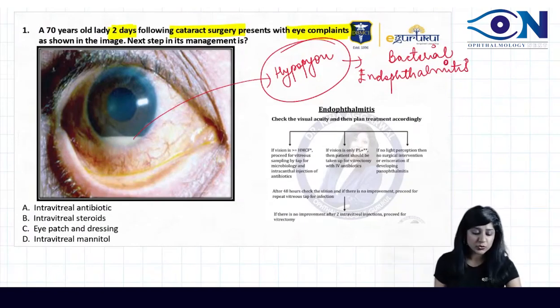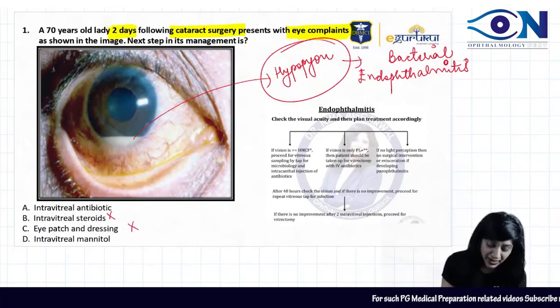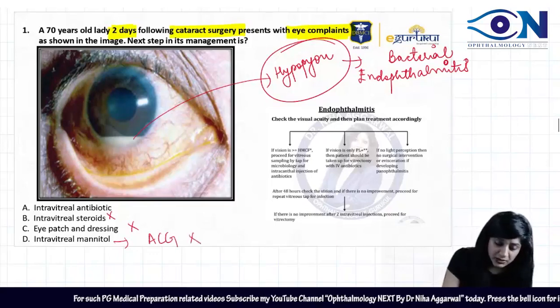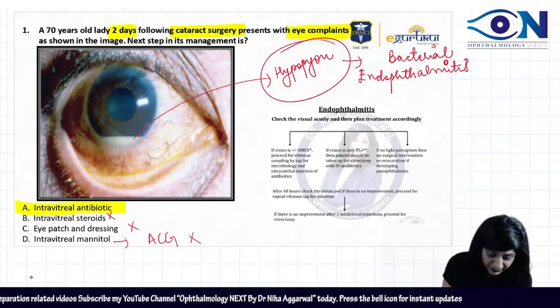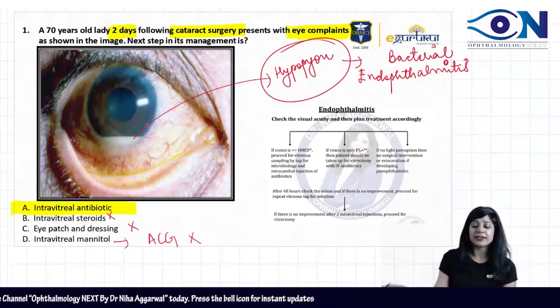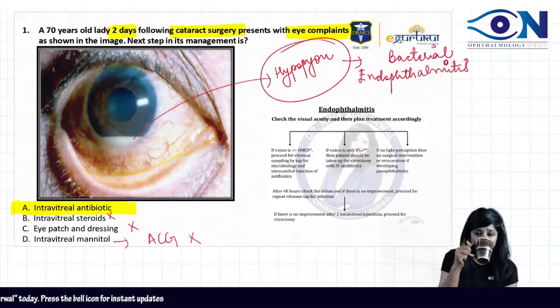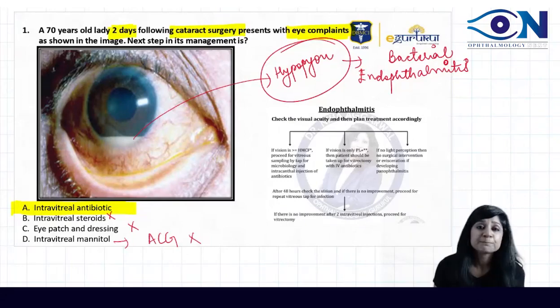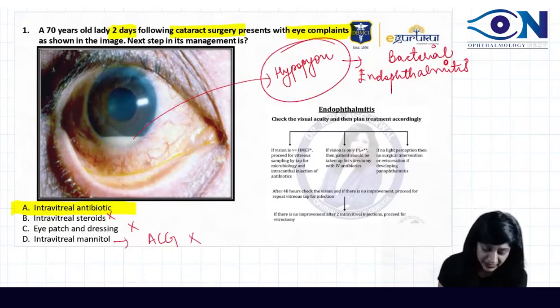So what are you going to do? Will I give steroids? Obviously, no. Infection hai, no dressing, no patching. Mannitol we give in acute congestive glaucoma. So not this. The answer will be your intravitreal antibiotic. So this is how you can get a clinical scenario also over this.